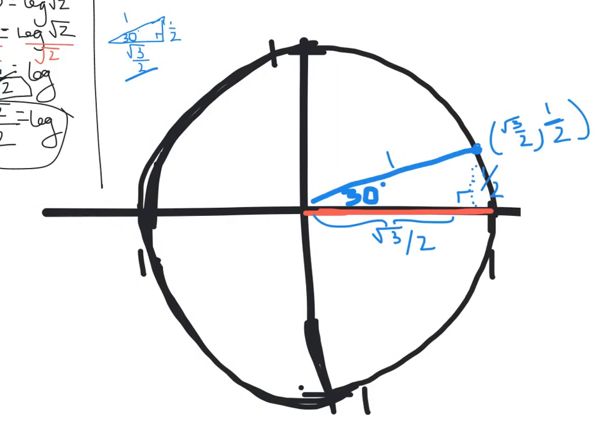So then, if I make a 45-degree angle in standard position, here's my 45 degrees. From the x-axis, counterclockwise, to this segment is 45 degrees.